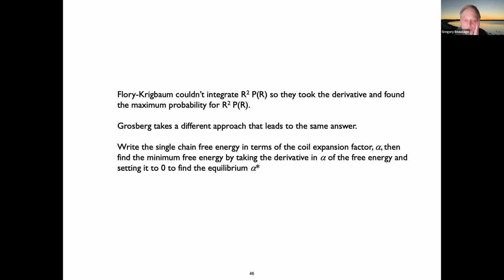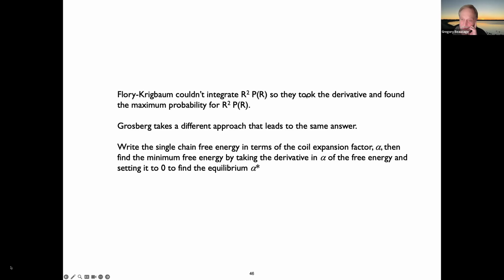So anyway, when we did the good solvent using the Flory-Krigbaum approach, they couldn't do the integral of R squared P(R) because the function was too complicated for an analytic integration.